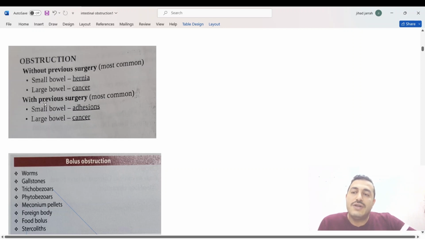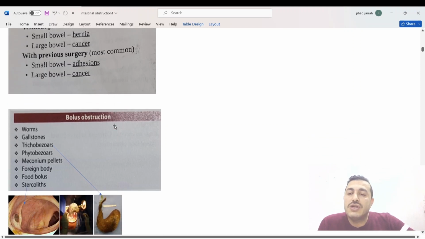If no surgery, we have the hernia. In the large bowel, you can see it doesn't matter whether without surgery or with previous surgery, the most common cause is cancer. So we have to be alert for identification of the site of obstruction and be careful in colonic obstruction.